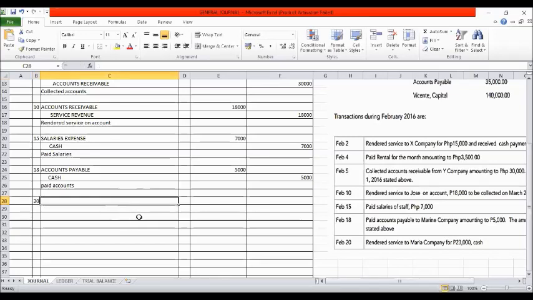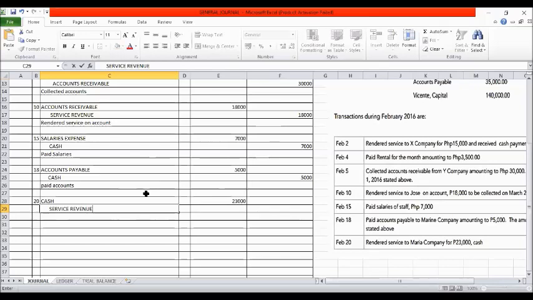What is our debit first? Cash po, 23,000. Cash, very good. Kasi naka-receive daw tayo ng cash dito. So nag-render tayo ng service, may pinagawa daw si Maria Company sa atin and binayaran niya tayo kaagad ng 23,000. So ang credit natin is service revenue. Very good. Alright, so thank you.